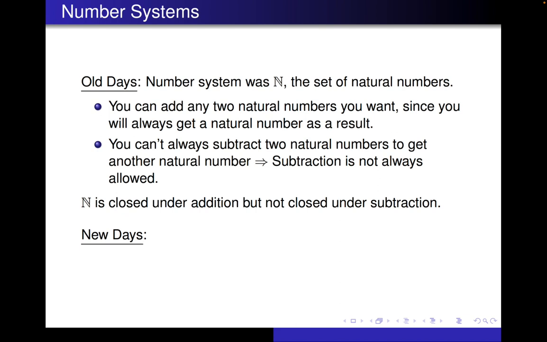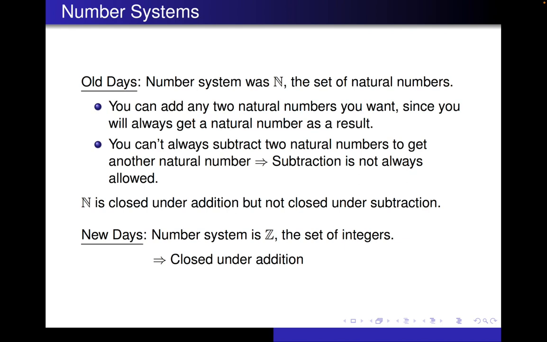So once we got to the newer days, when we were allowed to subtract whatever we want, we were really talking about the number system of the integers, the set of integers. If you have two integers, that one's going to be closed under addition, because if you add two integers together, you always get another integer.